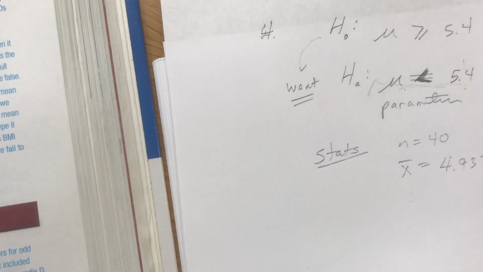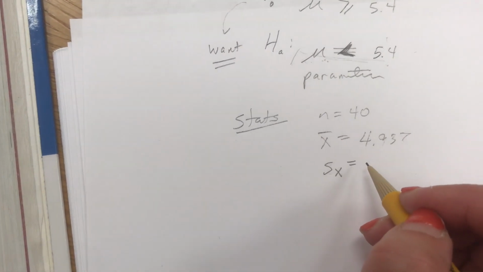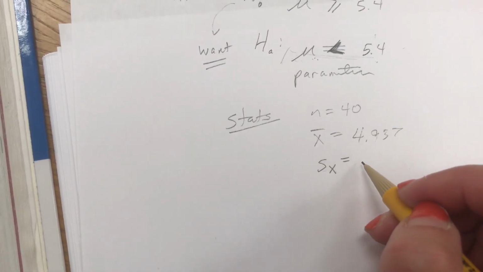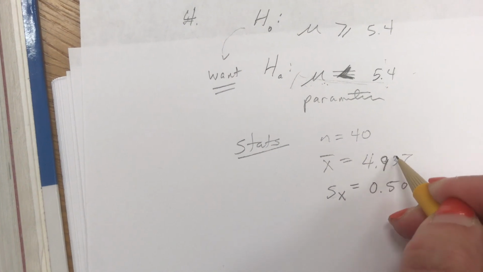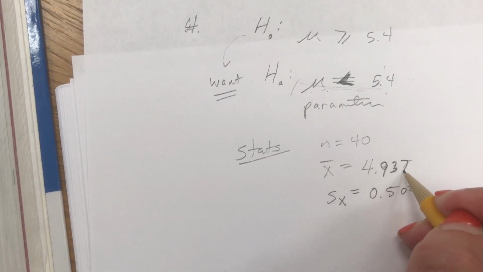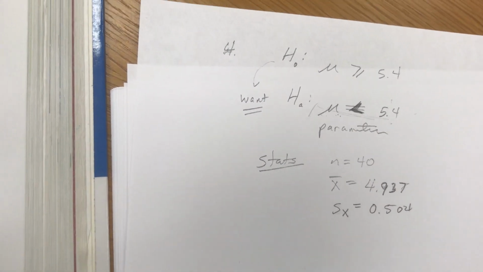Adjust my pencil. There it is. Bear with me. So the average they vary is 0.504. So 4.937. All right, so those are the statistics I was given.